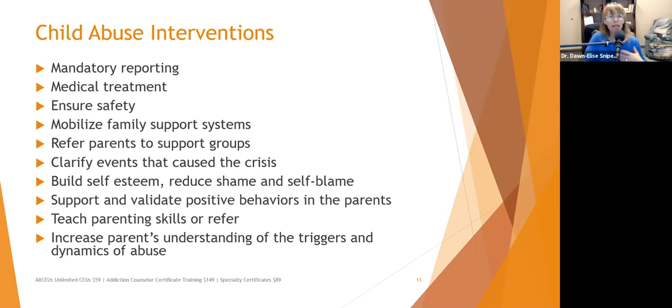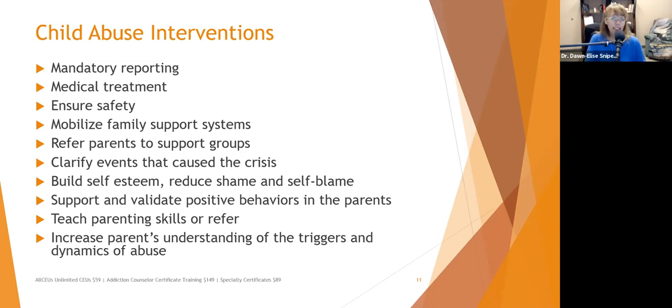What happened that made you lose your temper? Build self-esteem and reduce shame and blame in the client, as well as potentially the parents. Support and validate positive behaviors in the parents or the caregivers if they're bringing the kid to counseling. So that's a great step. They're trying to figure out how to fix the situation.